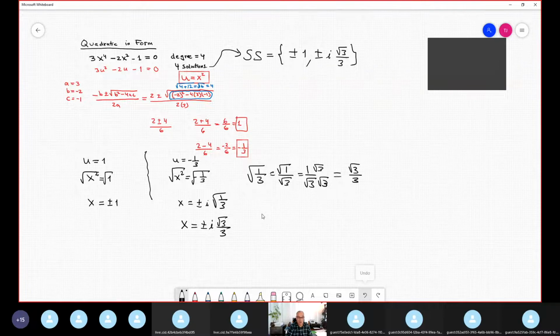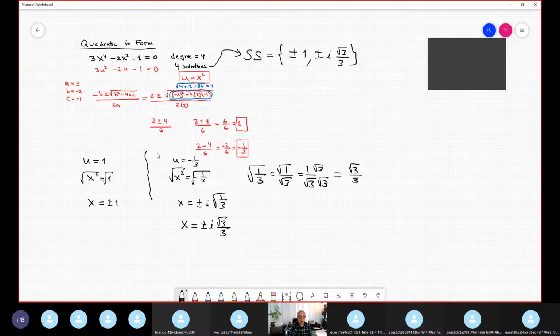Okay, the most important information I try to convey is that the equation is a polynomial. The degree is 4. We expect 4 solutions. However, this equation is more: it's quadratic in form, because we can apply the u substitution.